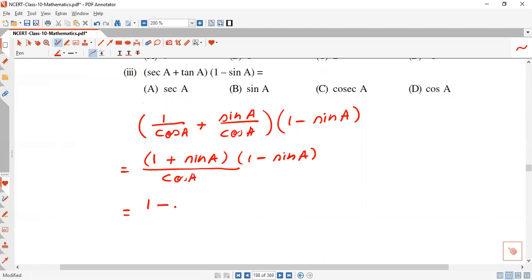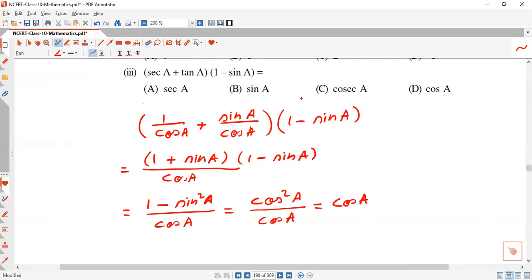This becomes 1 minus sine square A upon cos A. 1 minus sine square A can be written as cos square A upon cos A, which is cos A. So the answer is D, because we use the formula sine square A plus cos square A equal to 1.